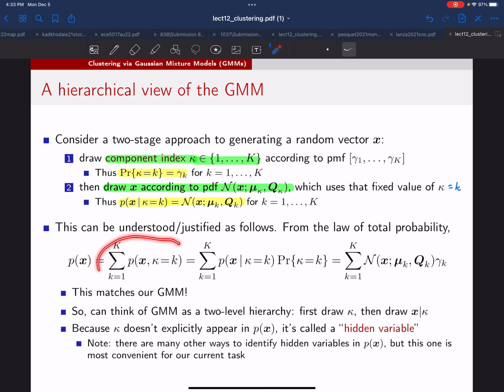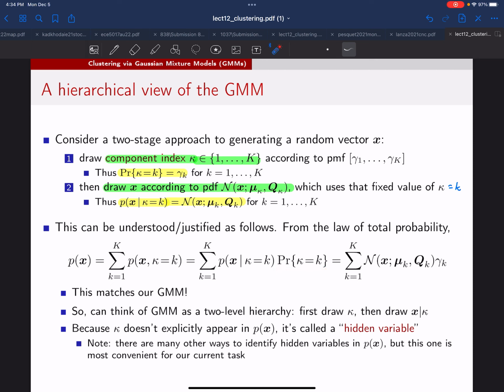We can integrate out the kappa random variable, and that gives us just the marginal probability p of x. But we also know that we can write this as a product of the conditional p of x given kappa times the probability of kappa. And when you think about it this way, we can relate it to what we've done above, where you know that the probability of x given kappa, in particular given kappa equals k, is this. And then the probability that kappa equals k is gamma k.